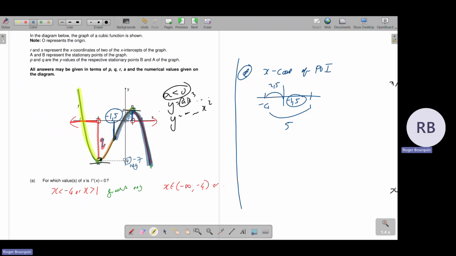You never include the point of inflection, there's no concavity at the point of inflection. So my answer on the number line: x is greater than negative 1,5, or you could say negative 1,5 to infinity.